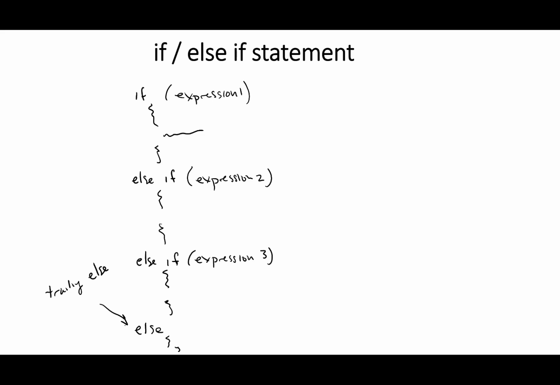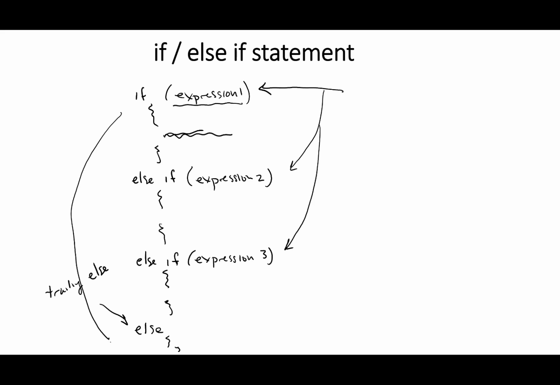So the way this works is the statement executes from the top. It'll start here, and it's going to continue through these expressions until it finds one that's true. In other words, if the program's executing and this first expression is true, it's going to execute what you have in this block, and then this entire block of code will be done. It's just going to jump to the end after it executes that statement.